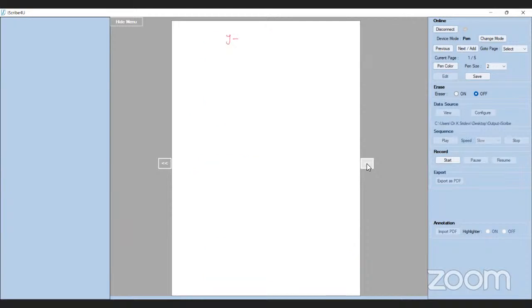So y is equal to, what is the A value? 1.42 plus B, that is minus 1.07x plus C, 0.55x squared. So what is this?